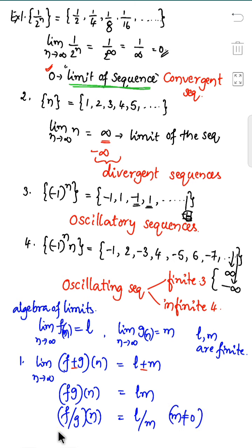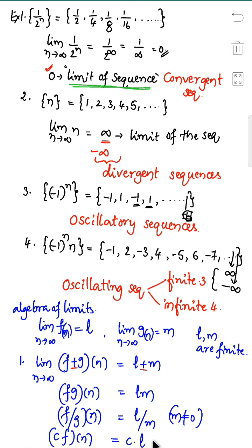In the similar way, suppose c is any constant like 0.2 or 0.3, whatever constant you can take, c into f(n) approaches c into L. This goes the same with the function g also.